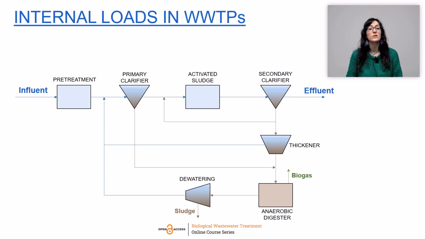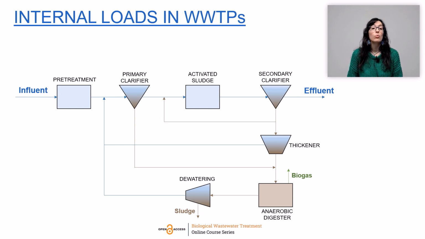That means that part of the water will be separated and the sludge will reduce its water content. Then, the sludge is normally treated in an anaerobic digester, in which the organics will be biologically removed and biogas will be produced. The outlet of the anaerobic digester can be further treated in a dewatering unit, in which the water will be separated from the sludge.